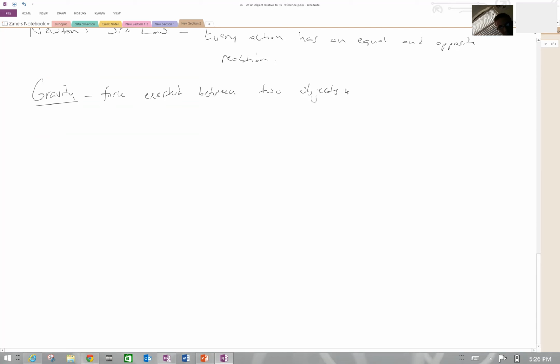Now notice I didn't talk about the Earth, because really any two objects on Earth have a gravitational force between them. The shoe in front of me right now is exerting a force on this tablet I'm holding, but we don't see the two go towards each other. We don't see the two objects pulling on each other because there's other forces at work that are preventing that from happening. You've got the force of the Earth down below me.